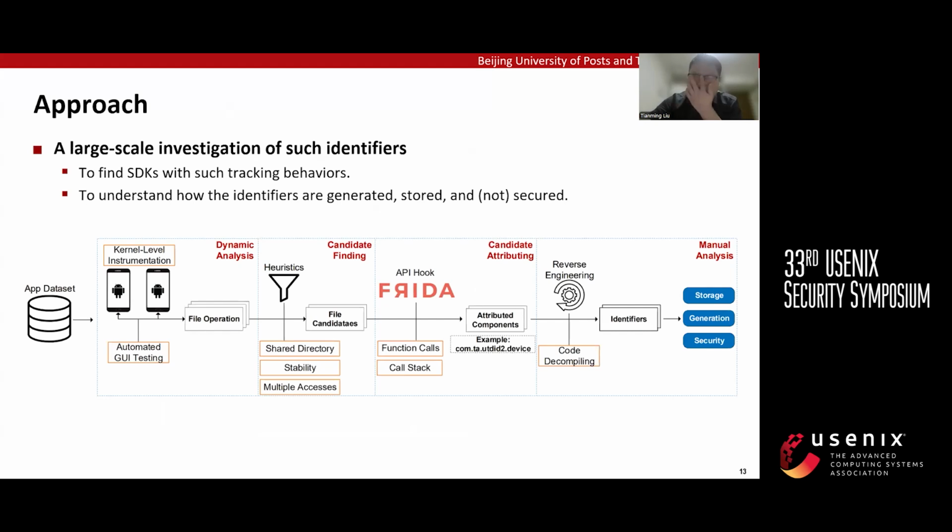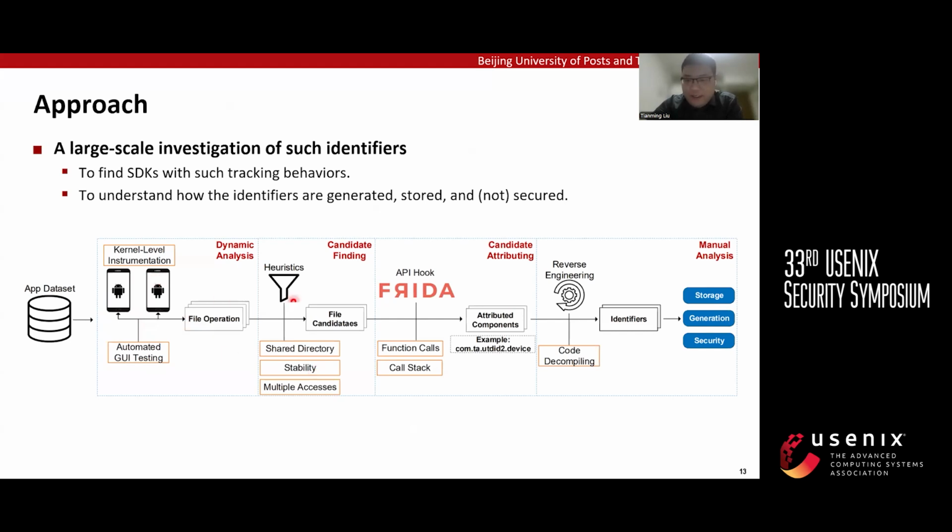Therefore, we intend to perform a large-scale investigation to explore this phenomenon systematically. To this end, we devised an analysis pipeline that takes a large set of apps as input and automatically runs them one by one, while using kernel-level instrumentation to report all file operations.